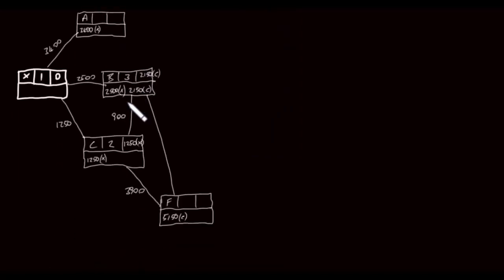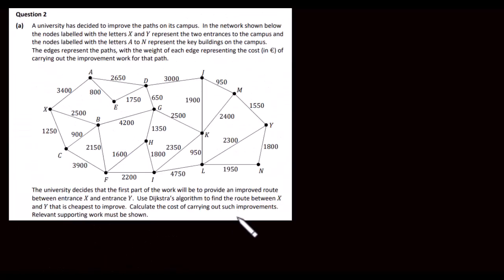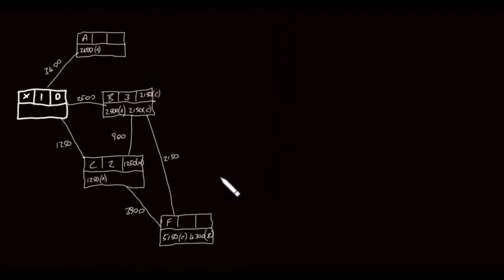So if you add 2150 and 2150 here, that'll give us 4300, and that's coming from B. Now B is also connected to G, so we need to draw G in as well. We don't have that yet, so let's put G in here.